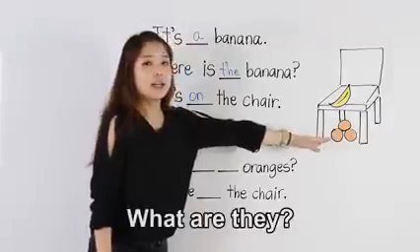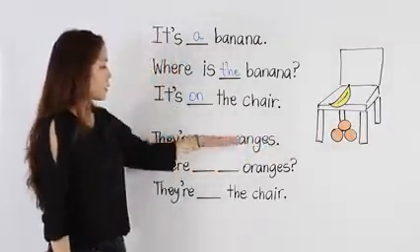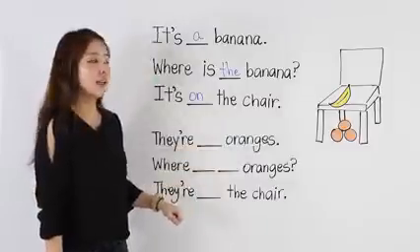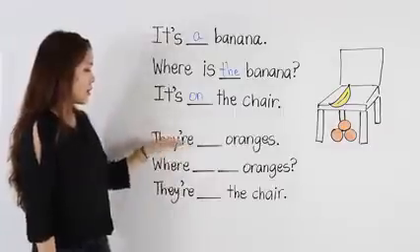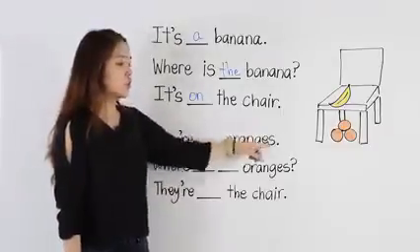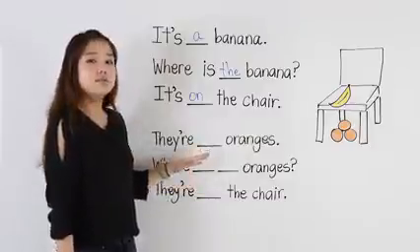What are they? Okay, they're oranges. Okay, we have more than one. That's why we said they are, there, and oranges with an S. Okay, can we use the?